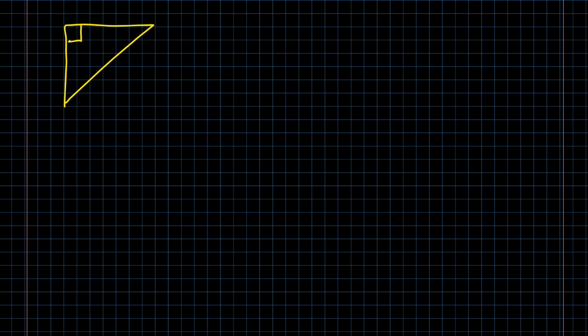We need to know a right angle. And this time, let's say we have information about two sides and no information at all about the angles.